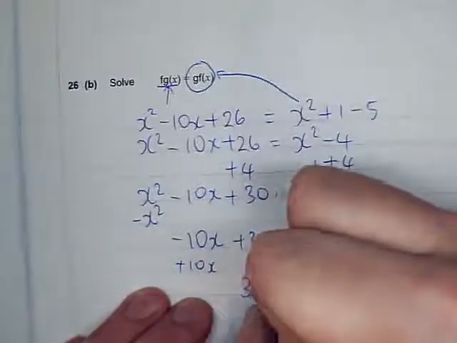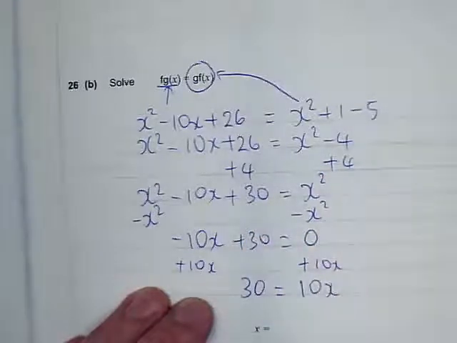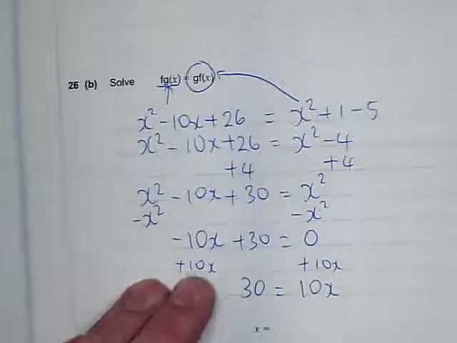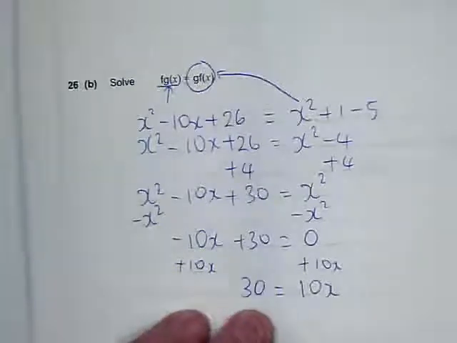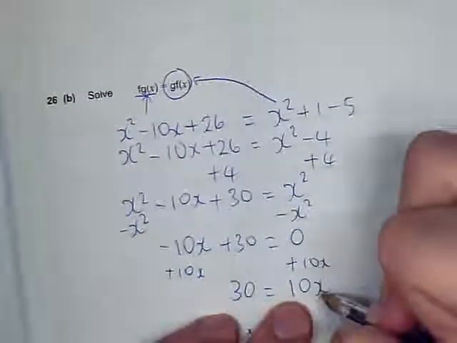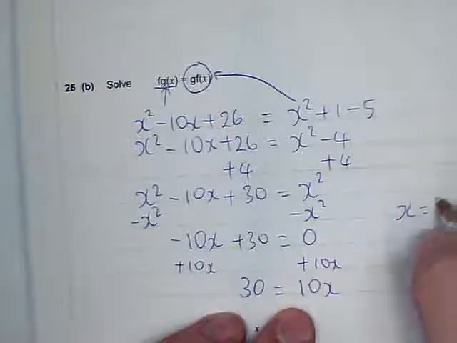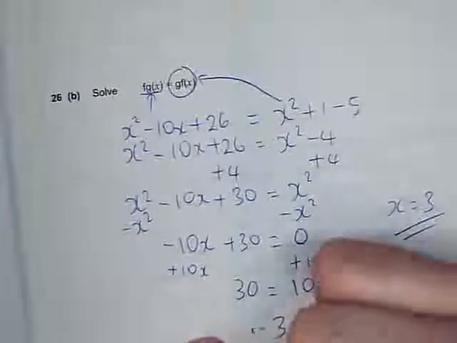So that then gives me 30 equals 10x. And therefore, I can then just solve that and say that x is 3, because if I divide both sides by 10, I get x equals 3. All right, so that's my value for x.